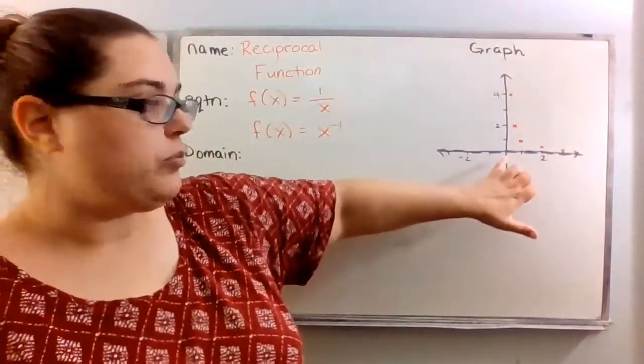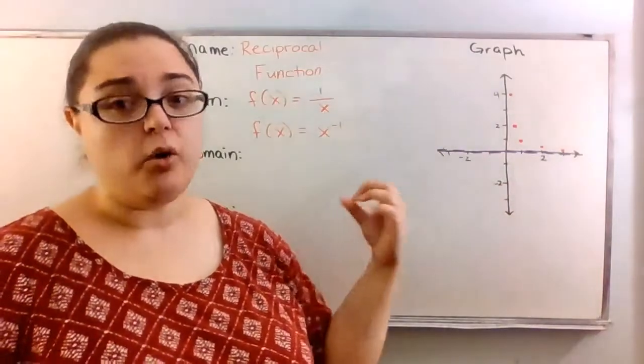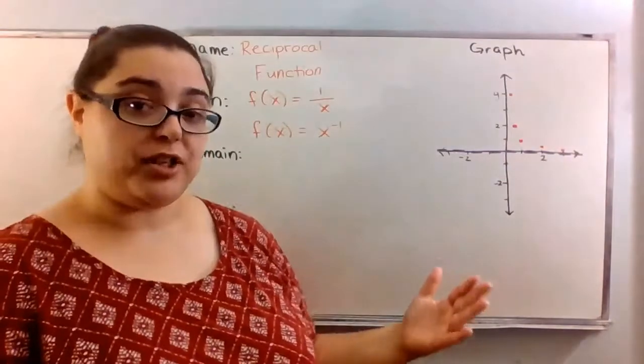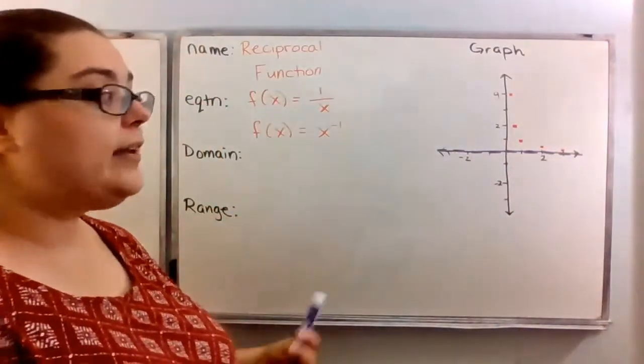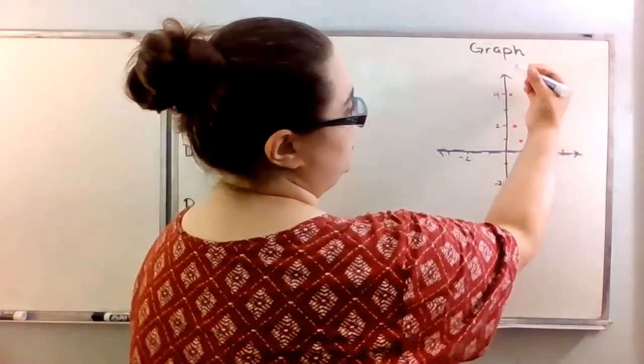Again, I can't input 0, but as my inputs get smaller and smaller, 1/10th, 1,000th, 1,000,000th, then my y values are going to get bigger, 10, 1,000, 1,000,000. So we end up also with a vertical asymptote along the y-axis here.